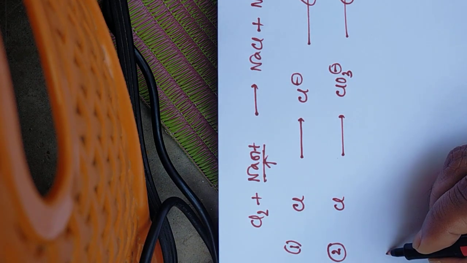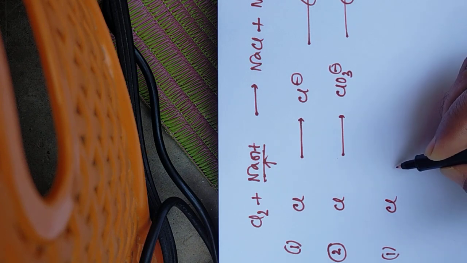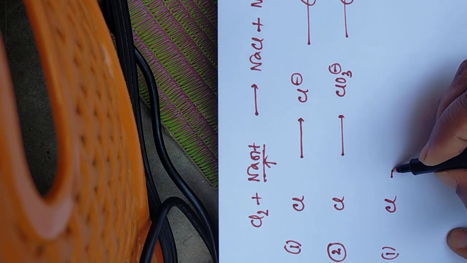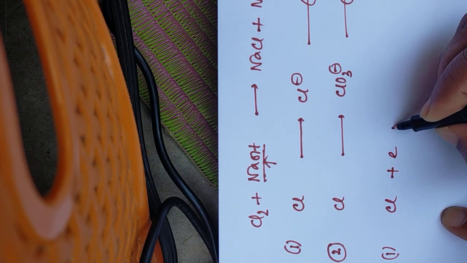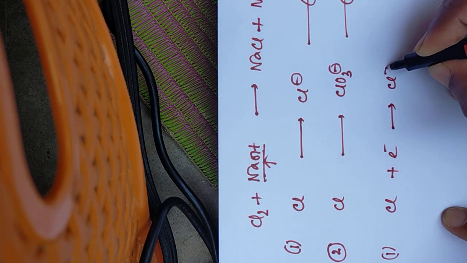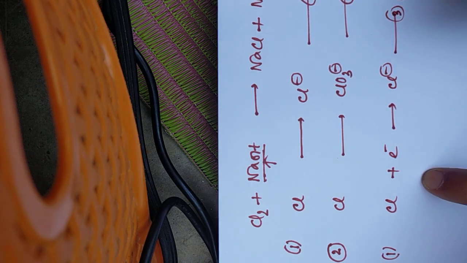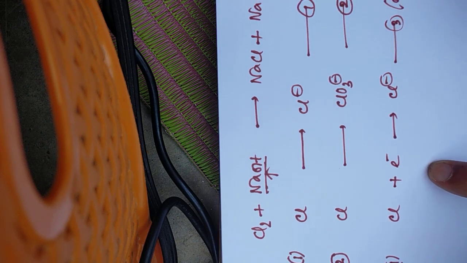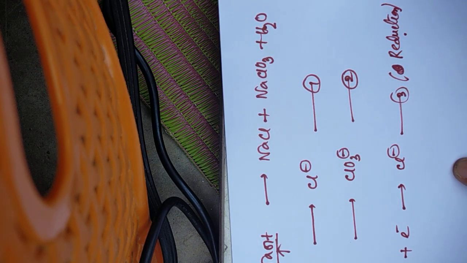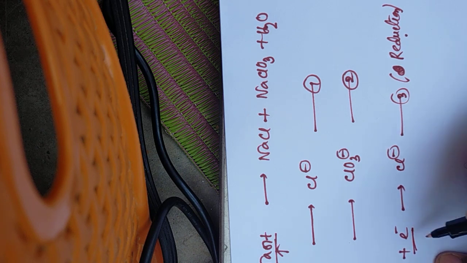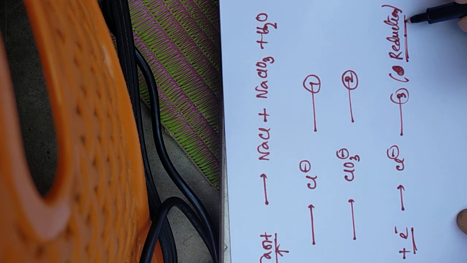Starting from equation 1, chlorine accepts one electron to get Cl-. This process is known as reduction, as an electron is added here.